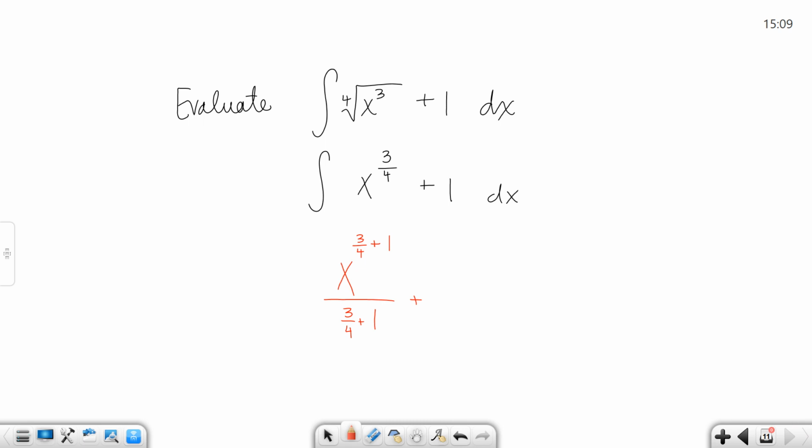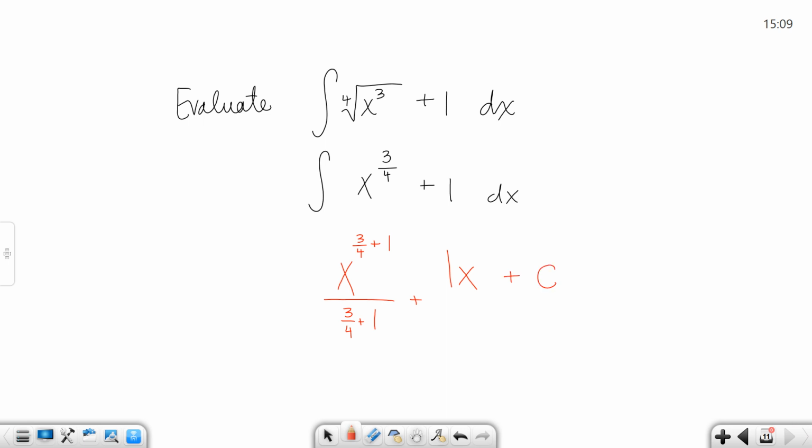Now, we have a 1. That's understood to be 1 x to the 0. So you can actually use that it's 1 x to the 0 and then do your power rule there if you want to. Or you can remember, anytime you're taking the antiderivative of a constant, you just throw an x with it.